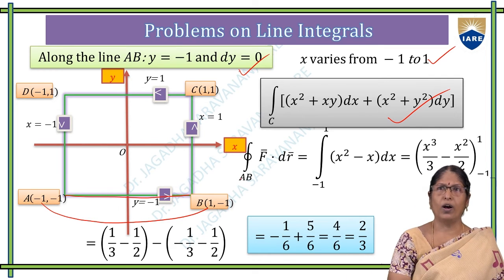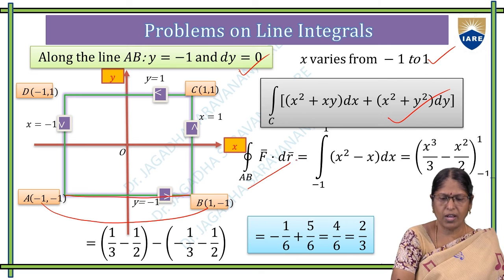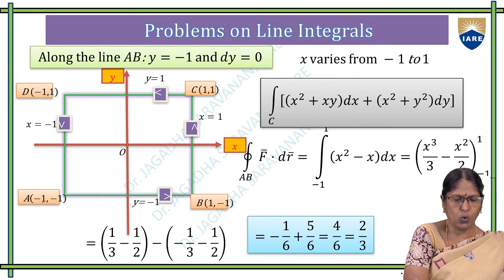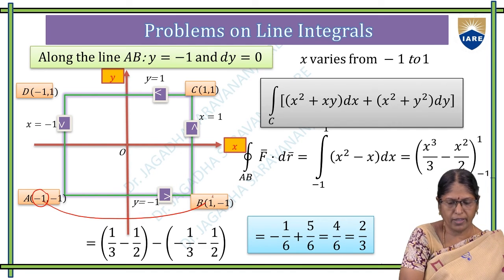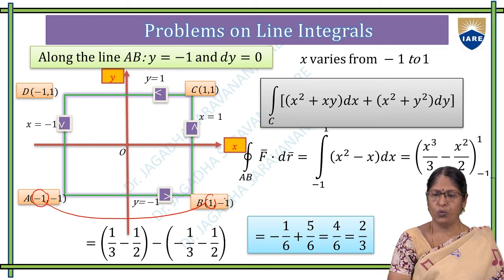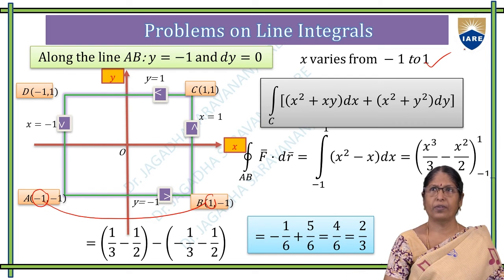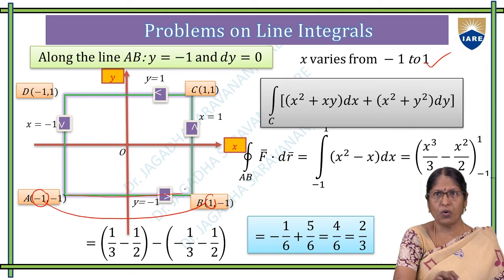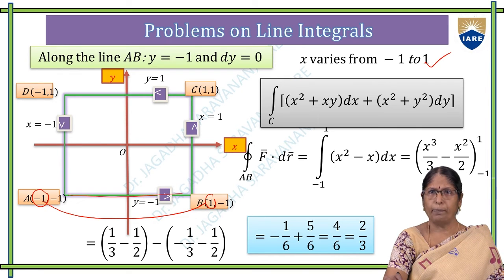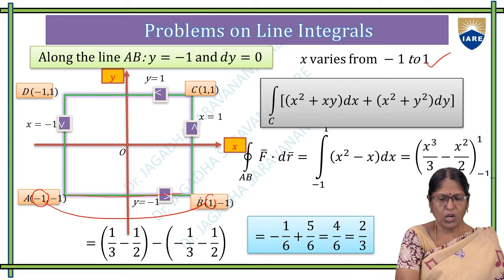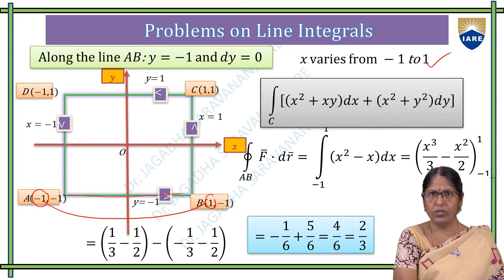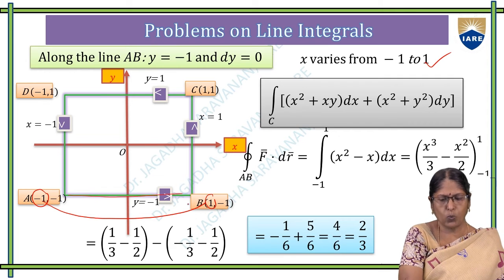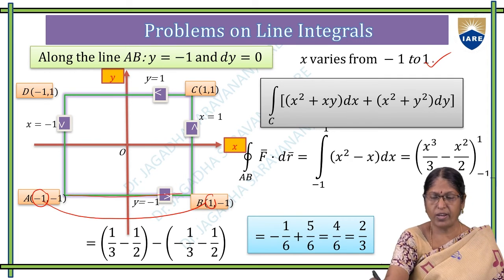So the integral over AB of F dot dr is our line integral. When it moves from A to B, as I am circling the value, x goes from minus 1 to 1. When the particle moves in the direction of x from A to B, the value of x varies from minus 1 to 1.